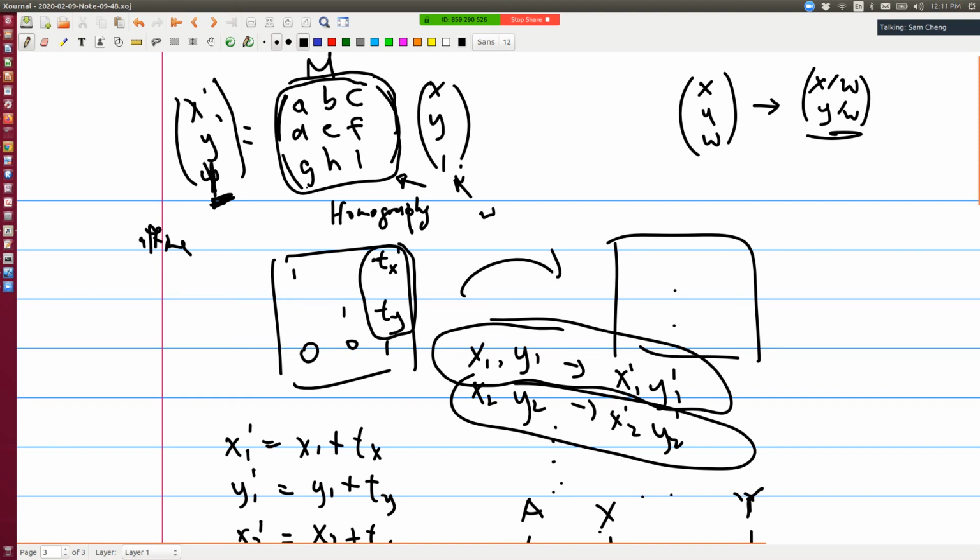We're forcing the last one here: if you look at the last equation, we basically need to have x1 g plus h y1 plus 1 equal to 1.